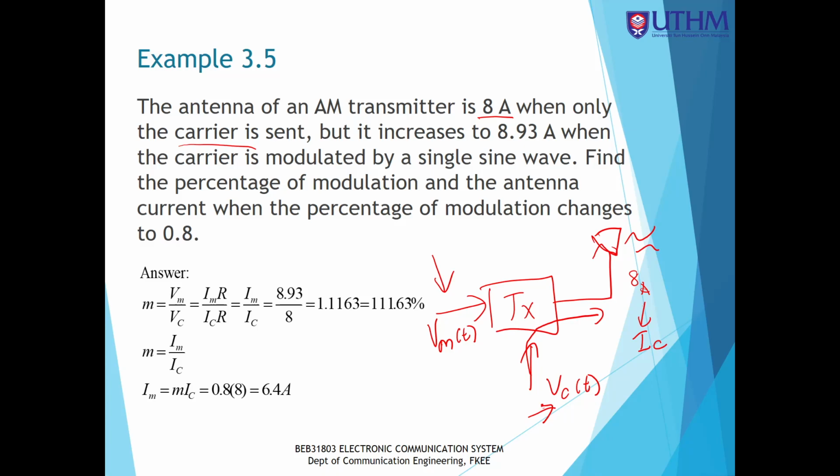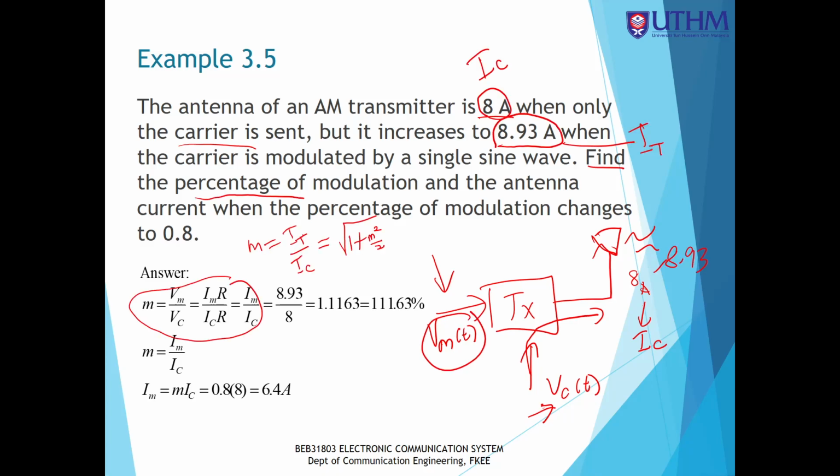So 8.93 divided by 8, so you get 1.1163, or in terms of percentage, it is equal to 111.63%. So this is considered as over modulation. Okay, over modulation.